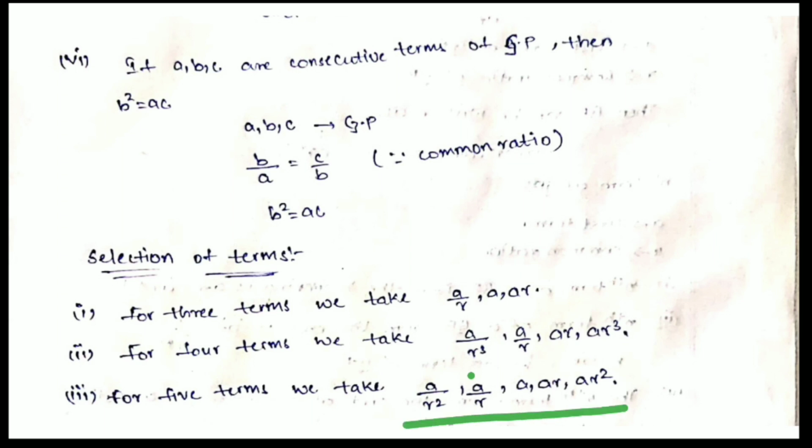In the first five terms we take like this. When we take these terms, the problem gets easier, that's all. We can take any terms as we wish, but they should have a constant common ratio. That is, the terms should be in GP.